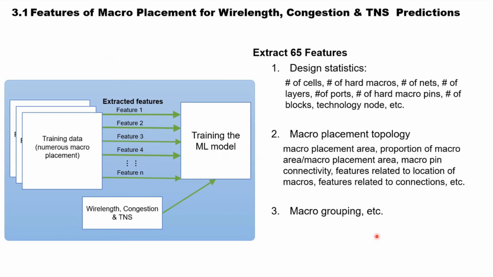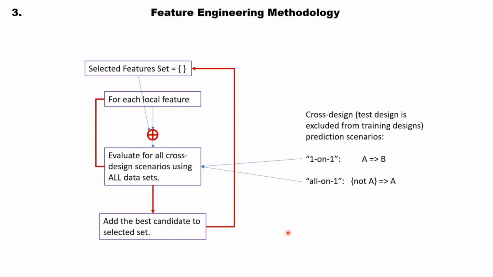The 65 features we use are categorized into 3 different groups: design statistics, macro placement topology, and macro grouping. We develop our feature engineering approach for best cross-design results. All engineered features are evaluated for their feature importance scores for cross-design scenarios.